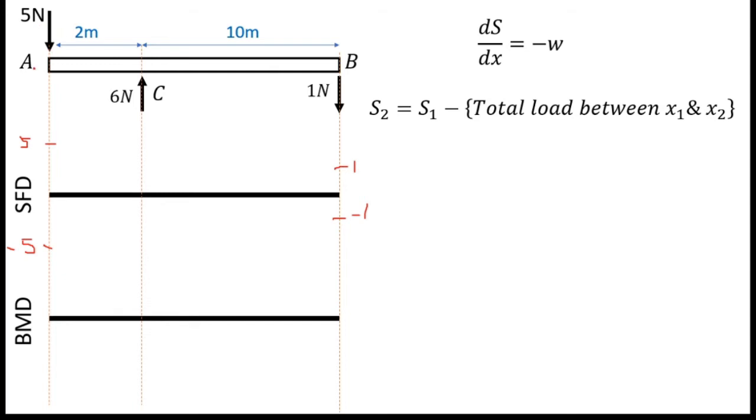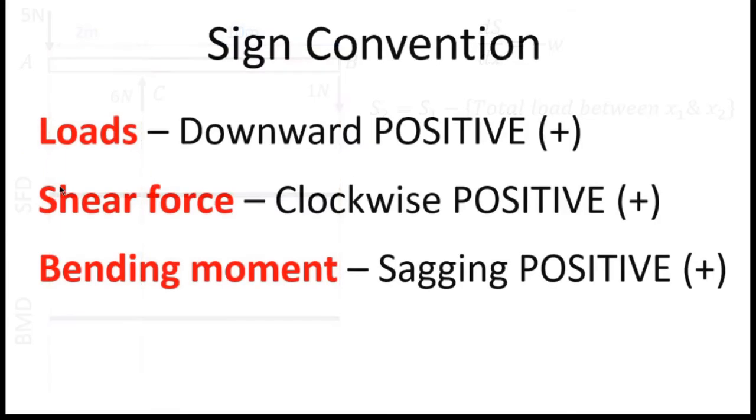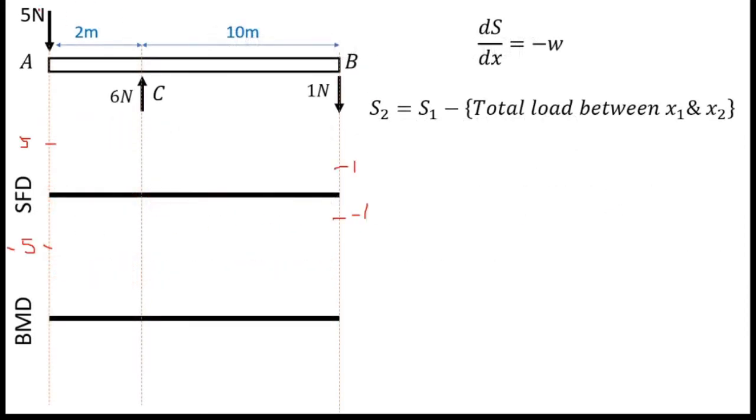Okay, now we will see how to determine the sign of these values. So we are drawing the shear force diagram. So there is a sign convention for shear force diagram. So it says shear force clockwise positive. That means if we take the moment of this force about any point, about C or B, you can see moment due to this force is going to be this direction.